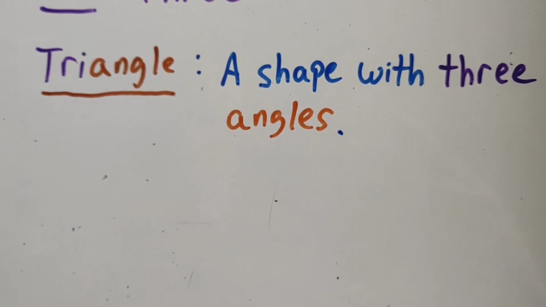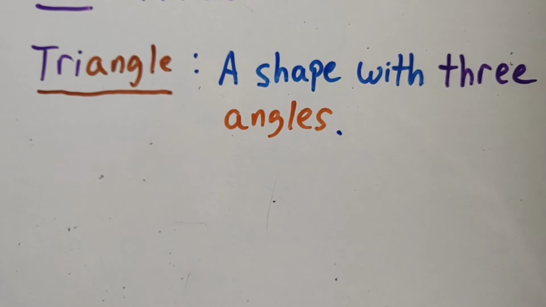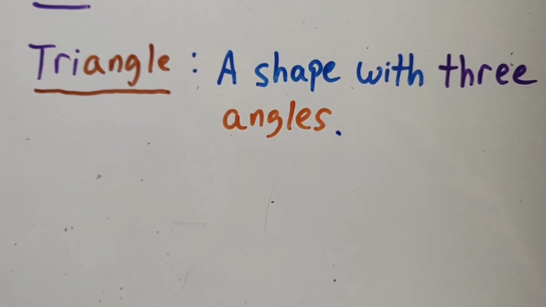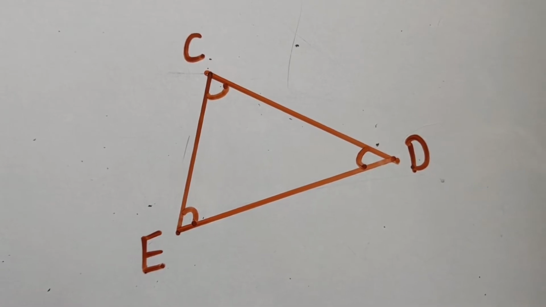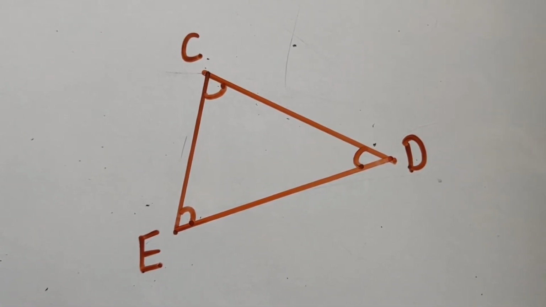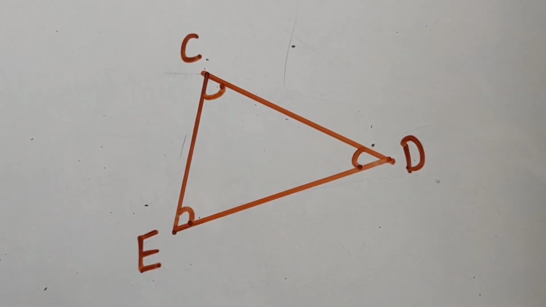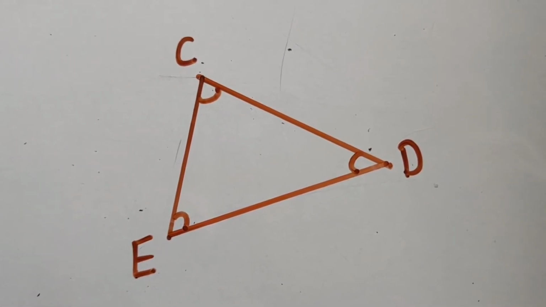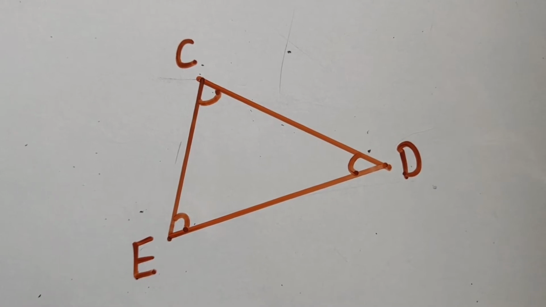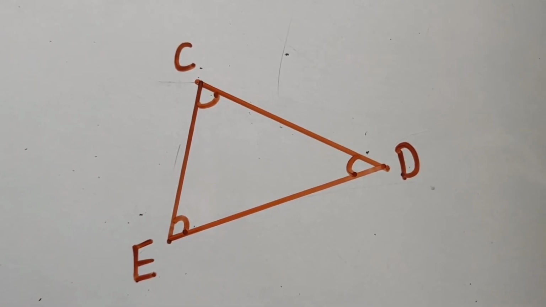And the definition of triangle is a shape with 3 angles. And if you look at this triangle, again, tri means 3, you'll notice that it has 3 angles. It also has 3 sides. And you'll notice for each of the angles, I've put a little part circle to show where the angle is.